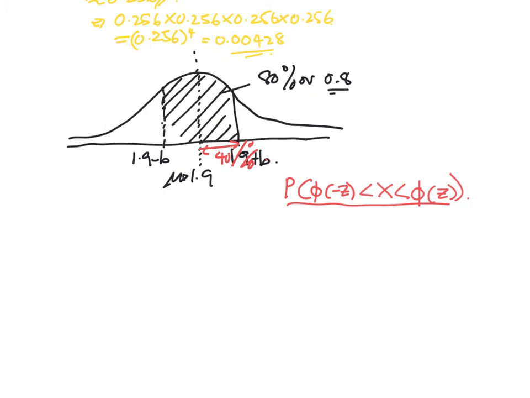So maybe I have to extend this up to here, somewhat like this. This whole thing is 40%. If this part is 40% and this part is 40%, what's left here is only 10%, and what's left here is only 10%.